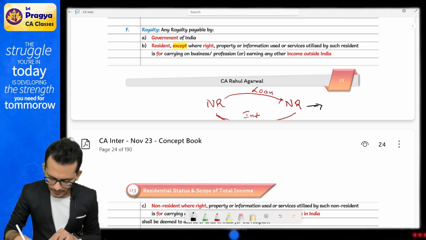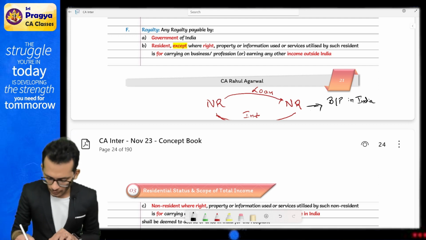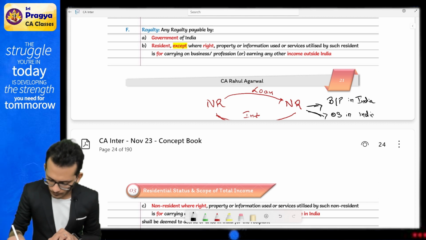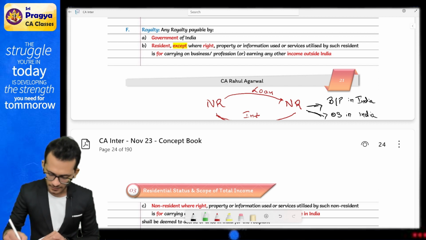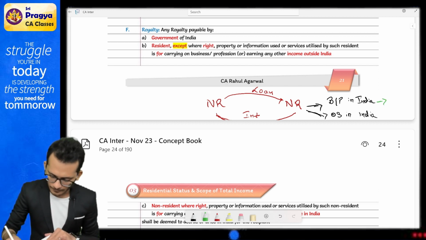If this non-resident is using the money for business or profession in India, or this person is using it for other source in India. If I find out that the person is using for business or profession in India, I will come and say, taxable. If it is other source, I will say not taxable.